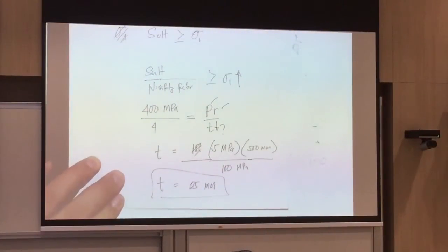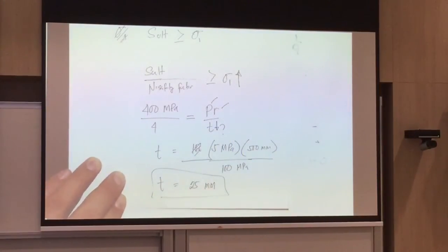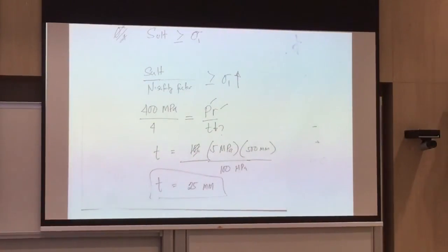Or working stress or so-called design stress or whatsoever. If you have a safety factor, it's either you can have a working stress or a design stress. Okay? So solve for the thickness using the von Mises.